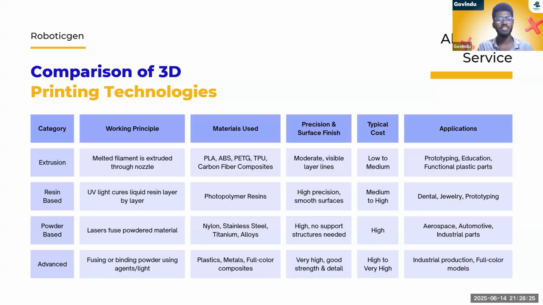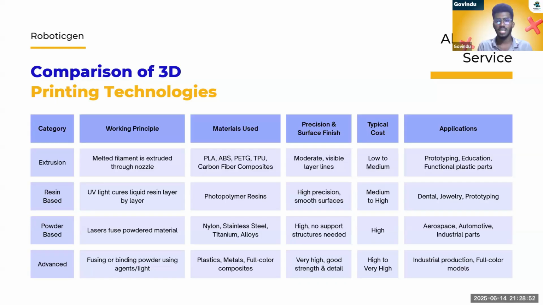And in powder based and advanced, you can go to metals like stainless steel, titanium, alloys, nylon, and plastic can also be printed, and full colored composites, so many things. You can go from plastics to metal to composite when we talk about advanced 3D printing. So that is about the material used.